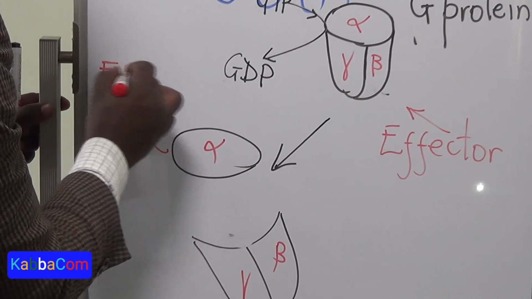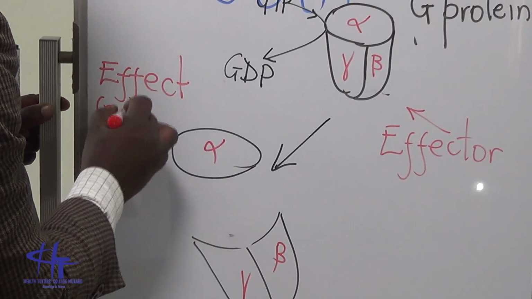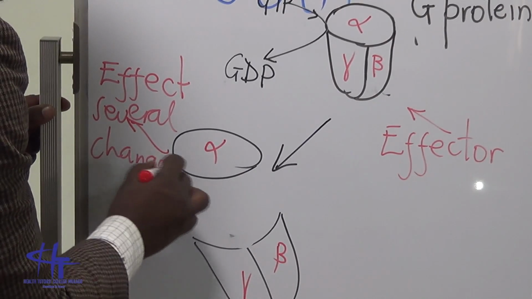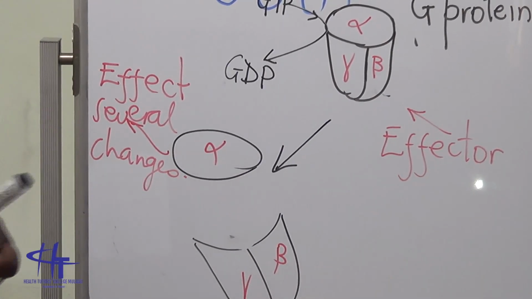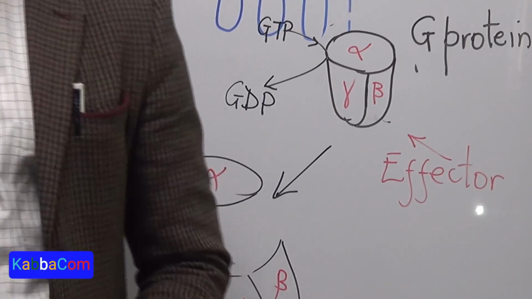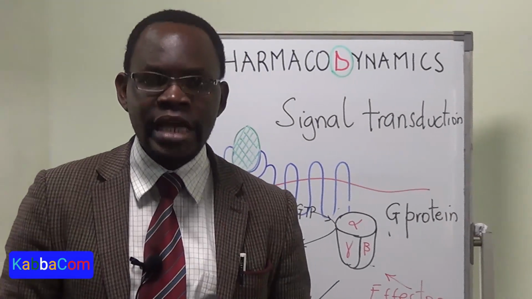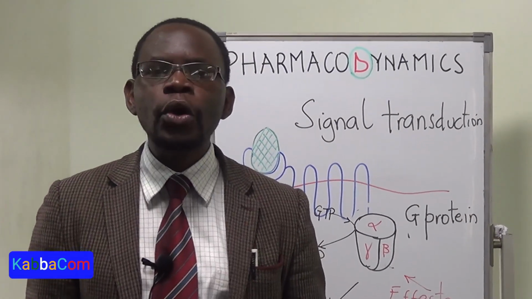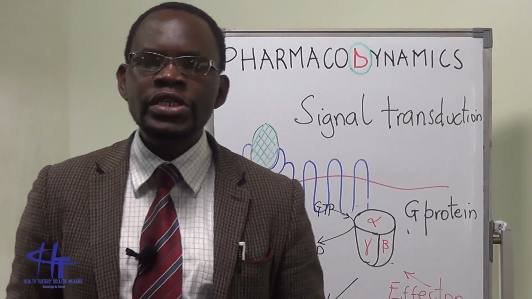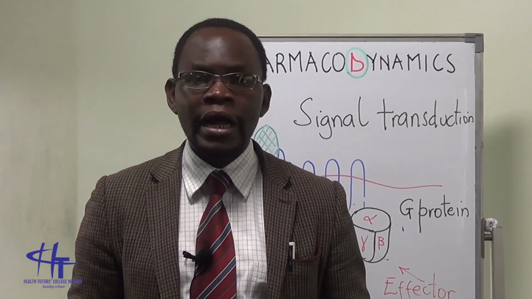So in other words, this one goes to effect several changes or processes. And we are going to see that once this subunit goes, it can activate what we call adenyl cyclase enzyme, or it can activate what we call phospholipase C, which is an enzyme located within the cell membrane.